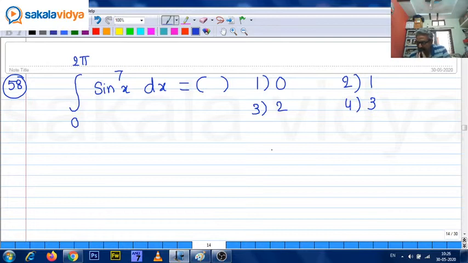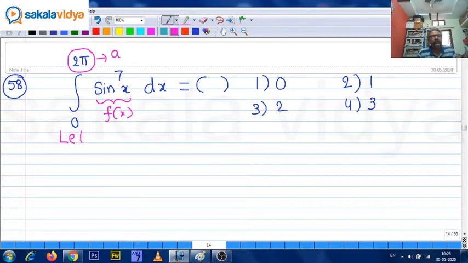So this question also same. So let us say this is f of x. This will be a. F of a minus x we need to find out.